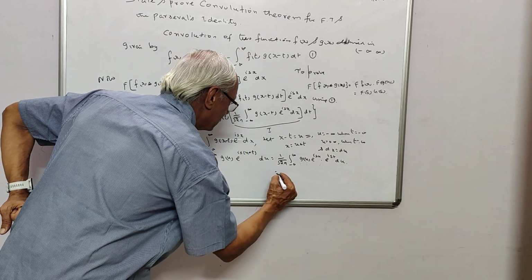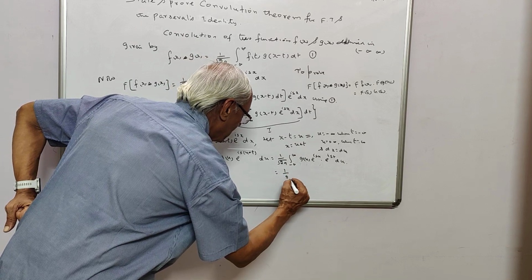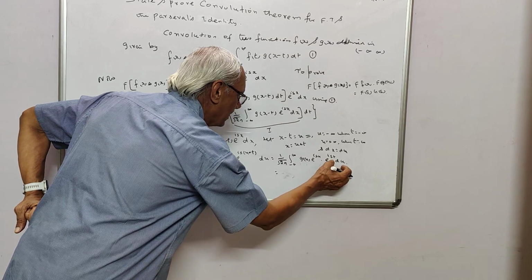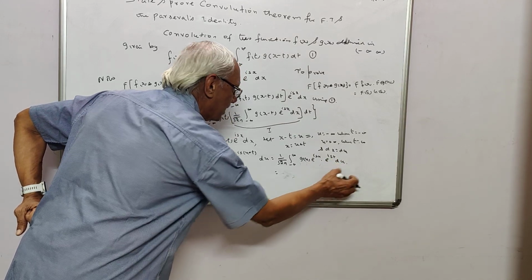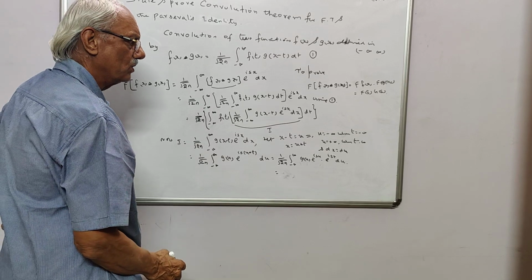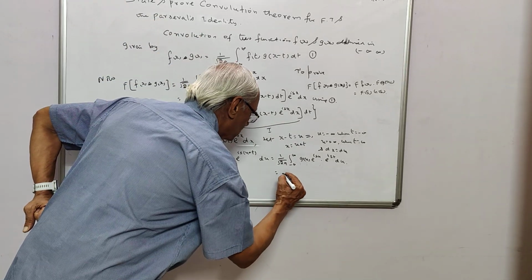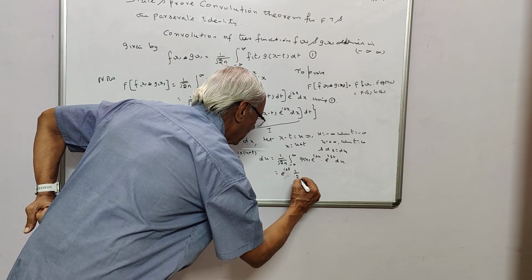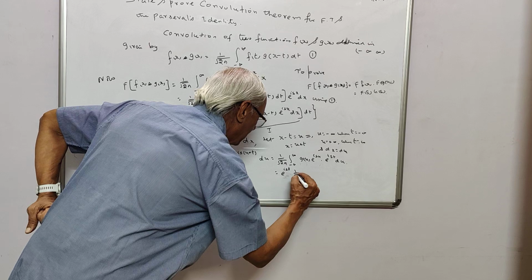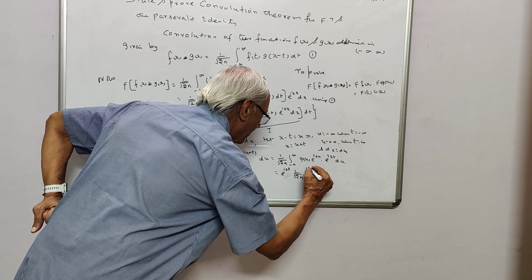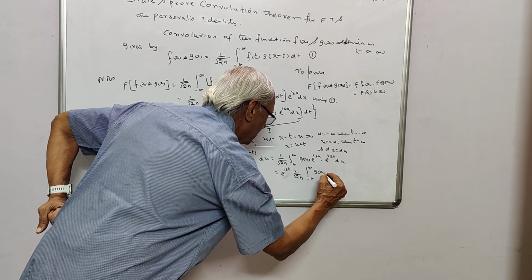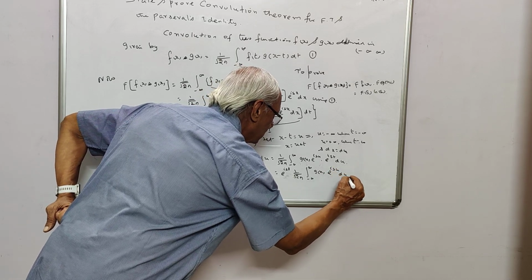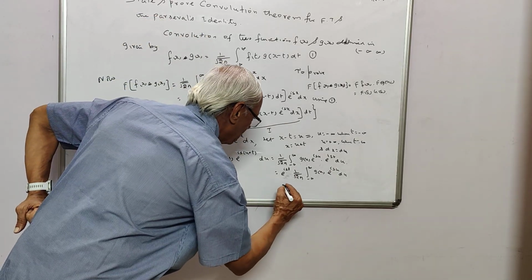This t has nothing to do with u because it's an integral with respect to u. So you can take that outside: e to the power of ist, 1 by square root of 2 pi, integral from minus infinity to plus infinity, g of u e to the power of isu into du.